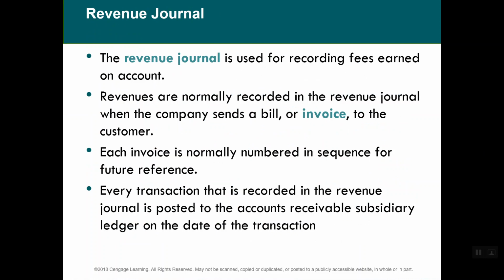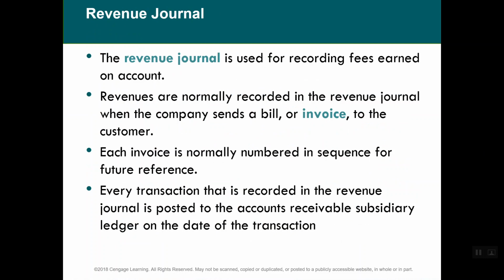Our revenue journal, again, is any time that we are recording fees that we have earned, and the key phrase here is on account. Only when we provide services on account is it going to get recorded in our revenue journal. A key word to look for, you know I love giving you guys some key buzzwords to pay attention to: anytime you see that the business has issued an invoice, that means it's done on account, which means it has to go into our revenue journal.